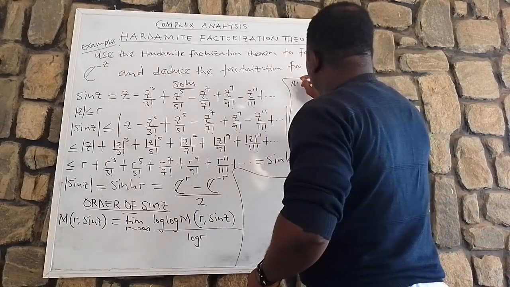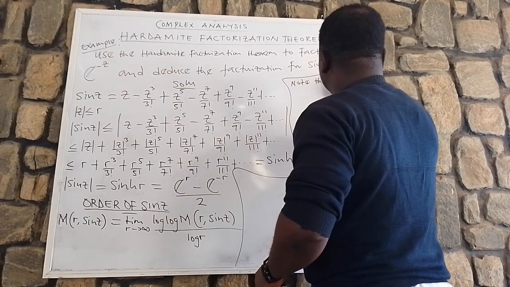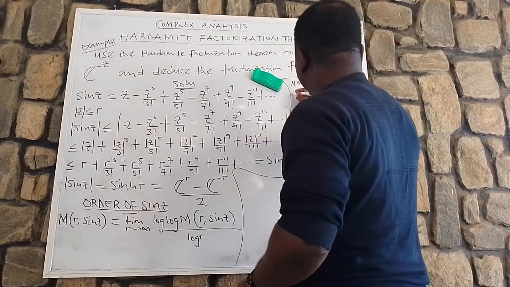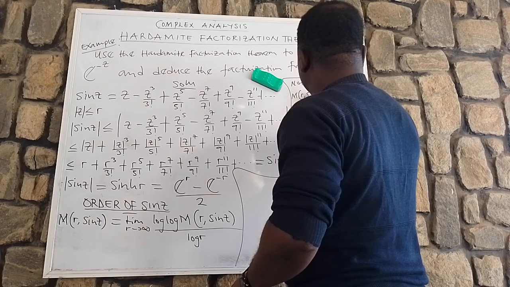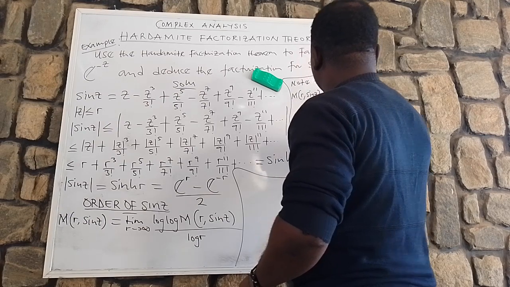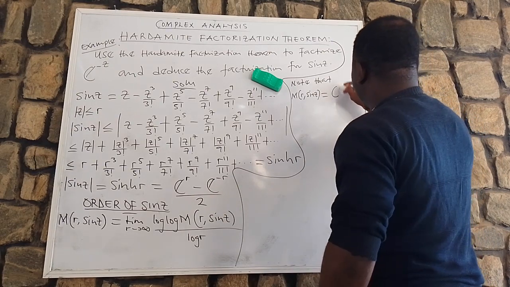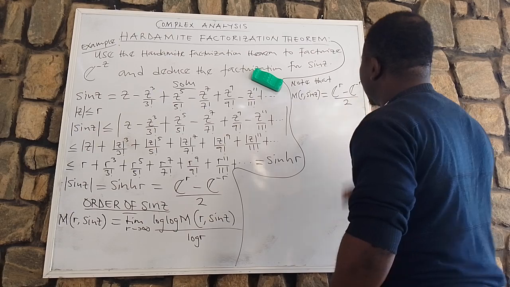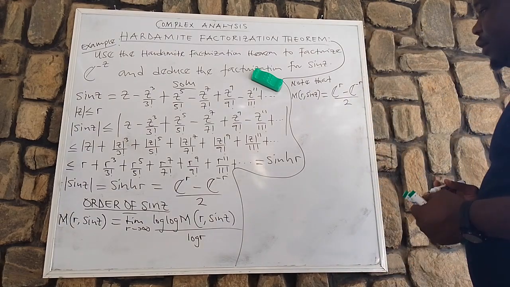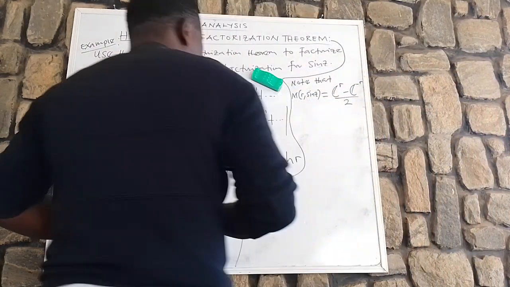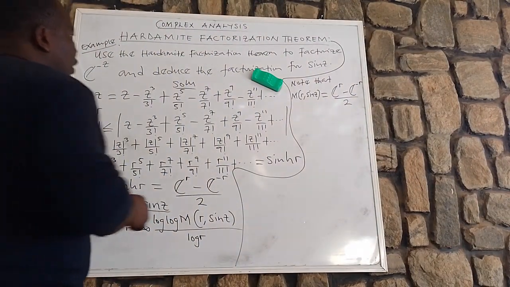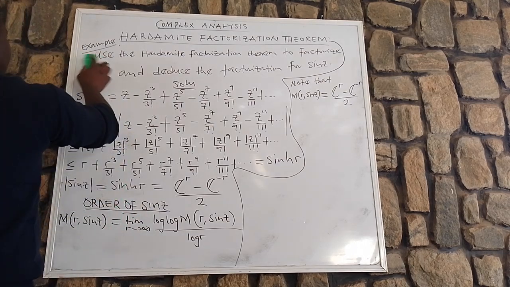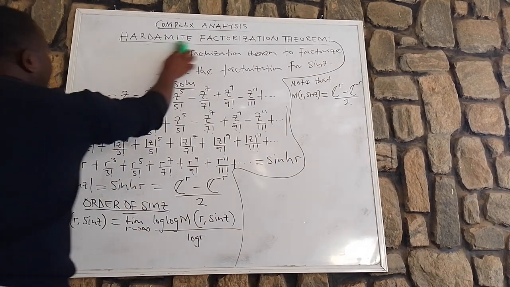So note that our M of R comma sin z is equal to exponential R minus exponential minus R all over 2. True or false? Okay? So if you agree with me, it implies that, okay, can I clean this up? Let me clean this up so that we understand it better.